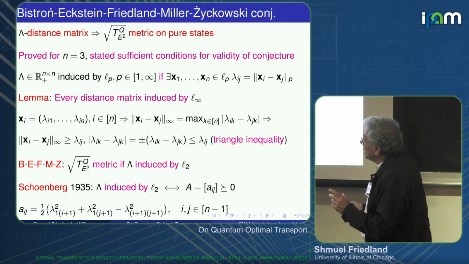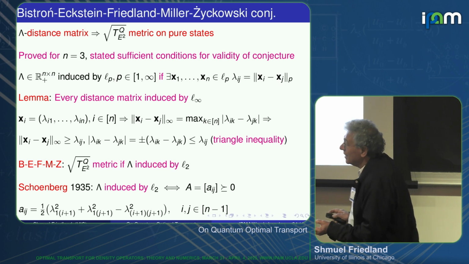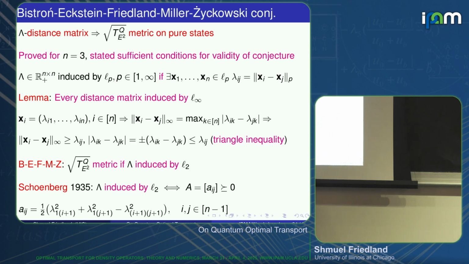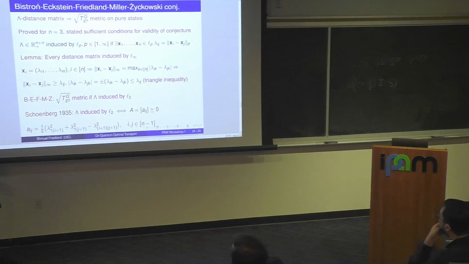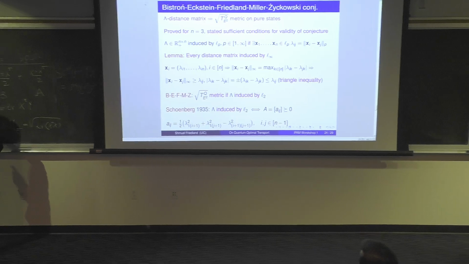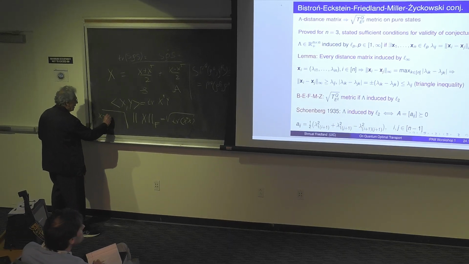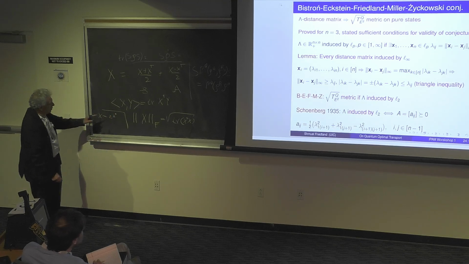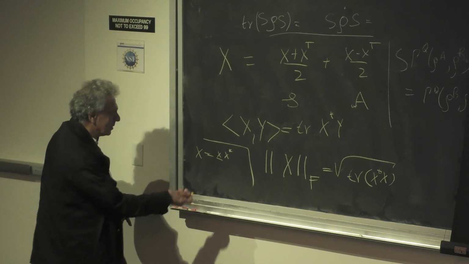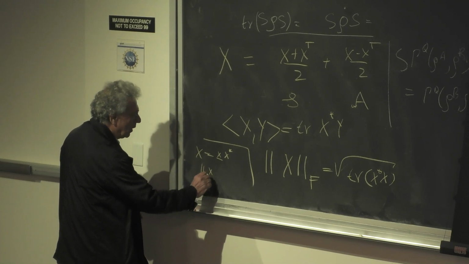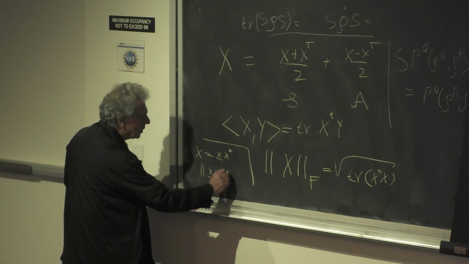But then how about, is that a distance on pure states? Everybody knows what a pure state is, but if not, a pure state is the matrix X equals vector X, X star. This is a density matrix, assuming the norm 2 of X equals 1.